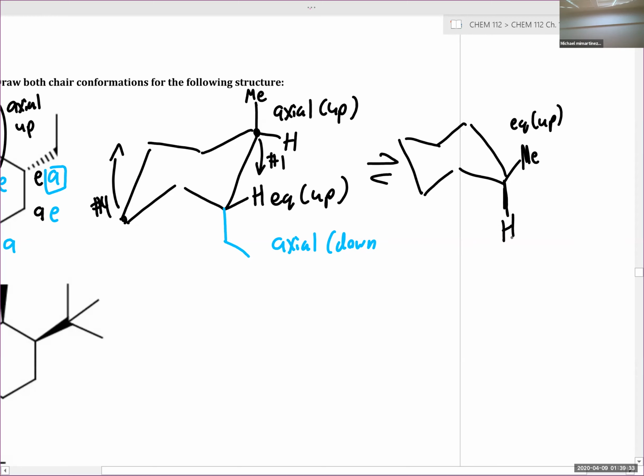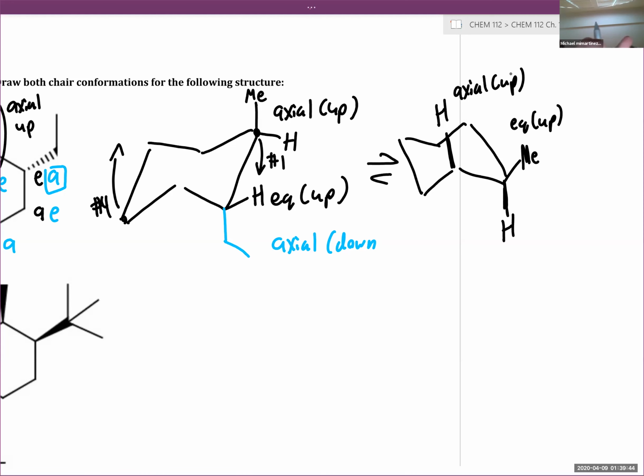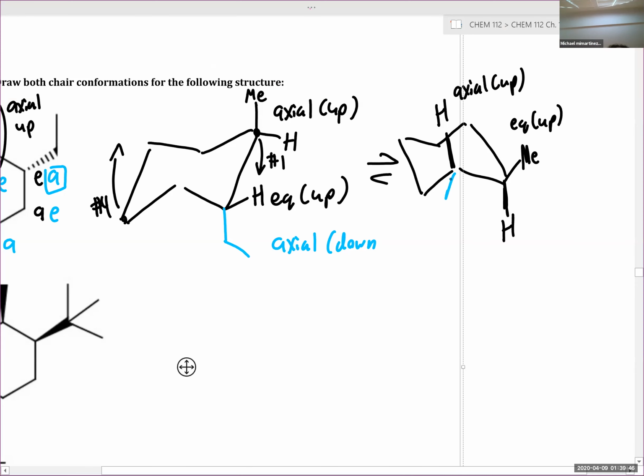And at carbon number 2, our hydrogen is now axial up, while our methyl group is equatorial pointing down. Remember to still follow the guidelines for drawing axial and equatorial substituents that we discussed last class session.